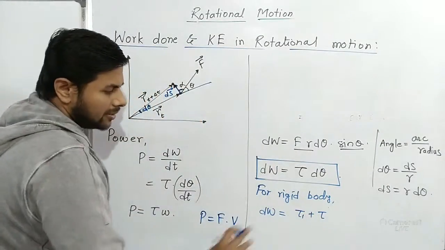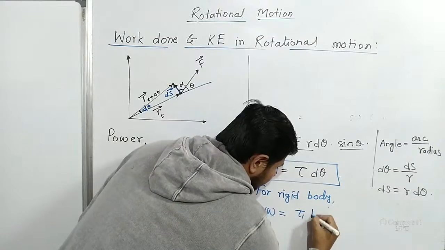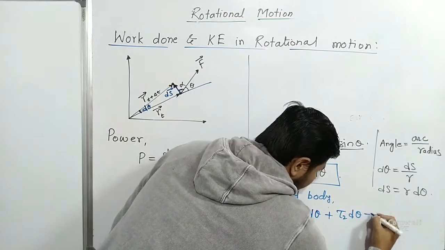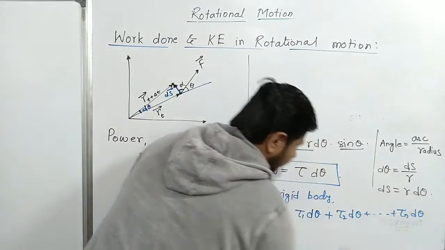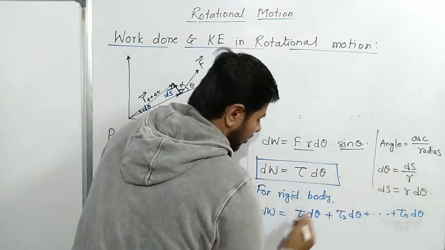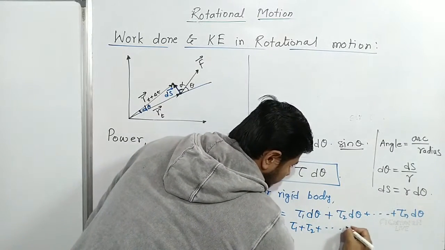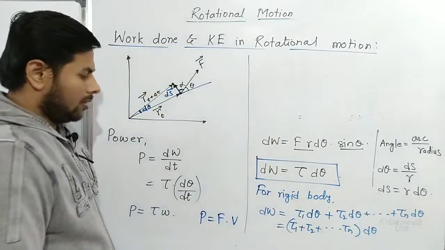We have done this many times in this chapter. Let me write explicitly: tau 1 times d theta plus tau 2 times d theta and so forth up to plus tau n times d theta, and we can take d theta common, so it is just tau 1 plus tau 2 and so on up to tau n, times d theta.